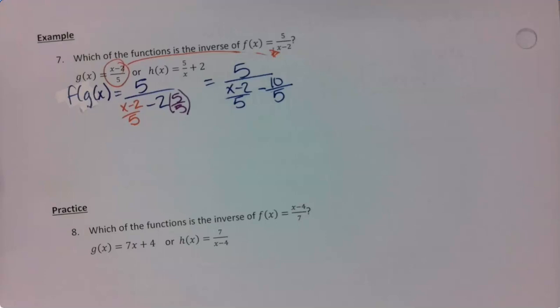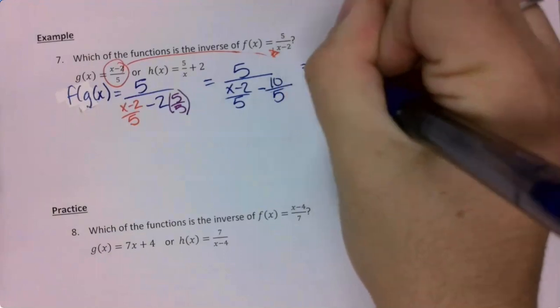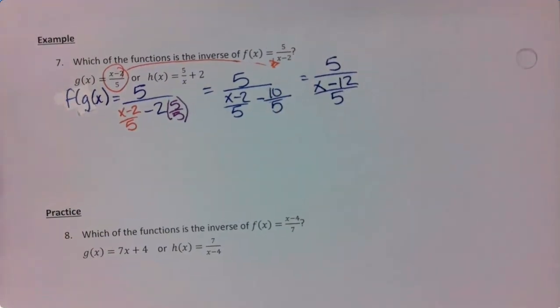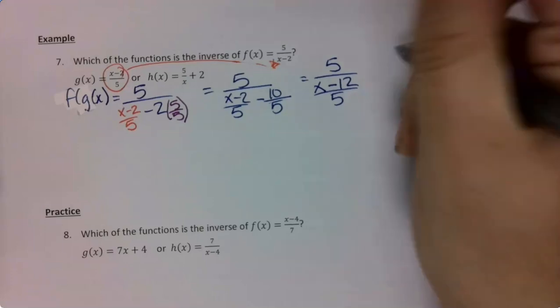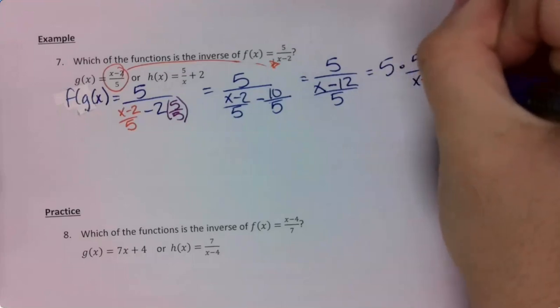So then what can I do? Okay, so I can combine like terms. That gives me x minus 12 over 5. So now I can multiply by the reciprocal. So I can do 5 times 5 over x minus 12.